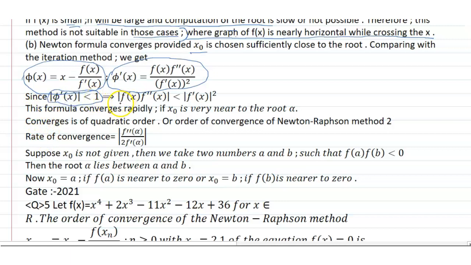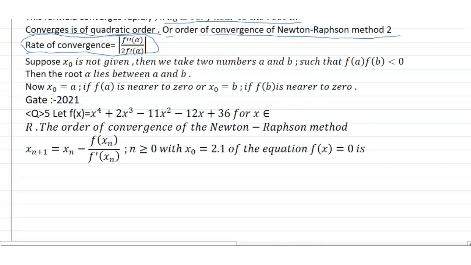So mod of f(x) f double dash x is less than f dash x whole square. This formula converges rapidly. If x0 is very near to the root alpha, the convergence is of quadratic order, or the order of convergence of the Newton-Raphson method is 2. So the rate of convergence equals f double dash alpha divided by 2 f dash alpha.